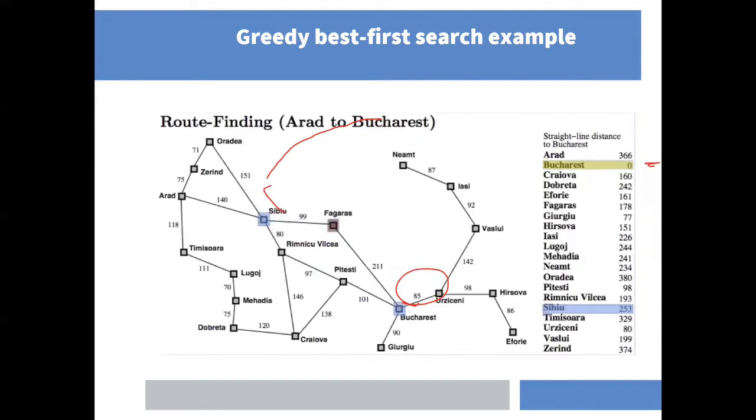We computed that Arad to Sibiu is 140, Sibiu to Făgăraș is 99, and here 211. So that's our solution, the path that we found using the greedy search approach.